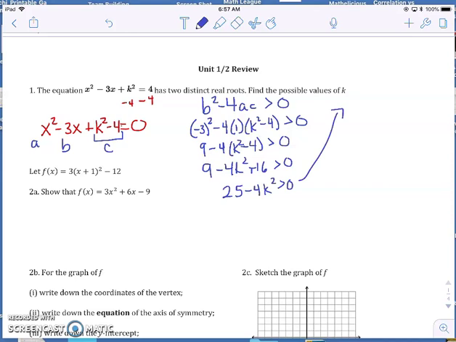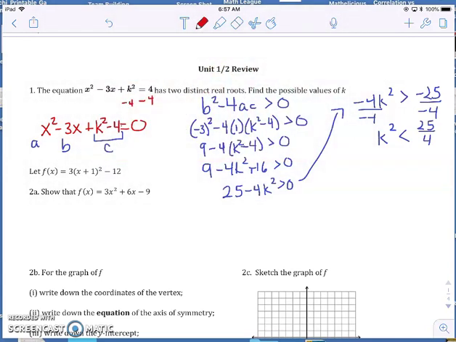So if we subtract 25, negative 4k squared is greater than negative 25. Divide by negative 4. So we have k squared, and our sign changes direction. And then we have to remember, these are the tricky ones.